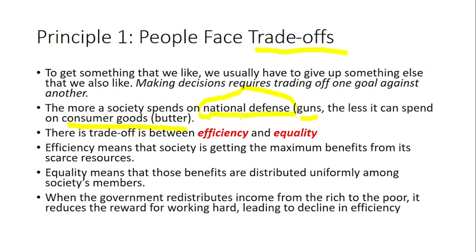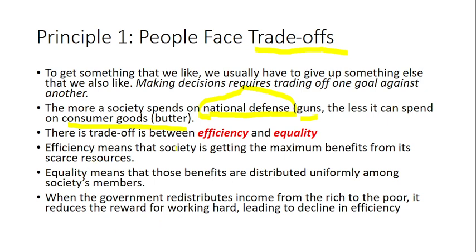So if an economy gives more importance to the production of defense equipment for national defense, then definitely the economy will have to sacrifice the production of consumer goods. On the other hand, if the economy uses its resources for the production of consumer goods, then it will have to reduce the production of guns which are necessary for national defense.